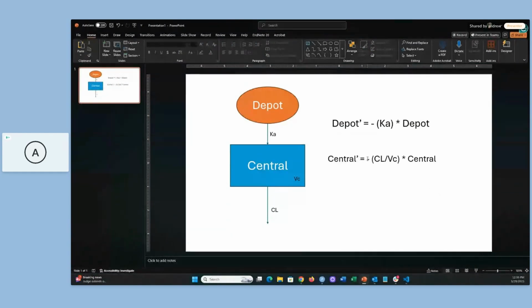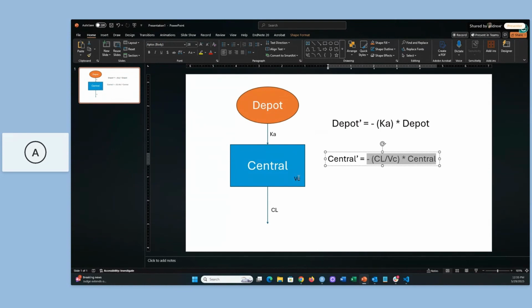So then how do we also need to modify the differential equation for our central compartment? Because we already have this component. What else needs to get changed? I know typing this out will take a little bit of a second here. Good, exactly. So if you think about that, this is what's being eliminated, so that is representing this arrow. We also need to take into account the drug that's actually coming in.